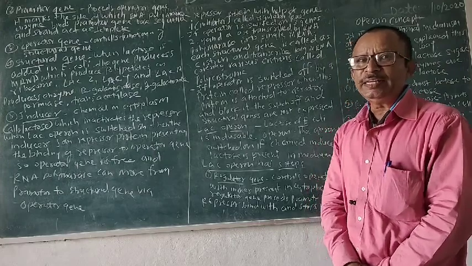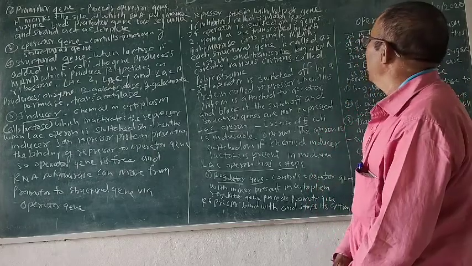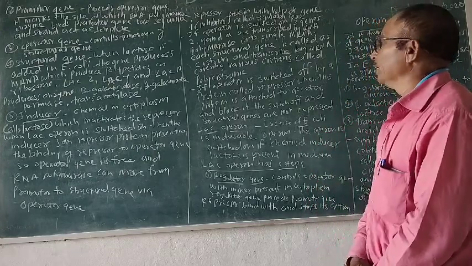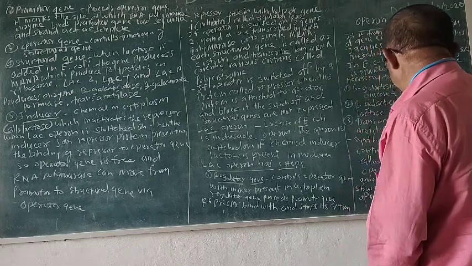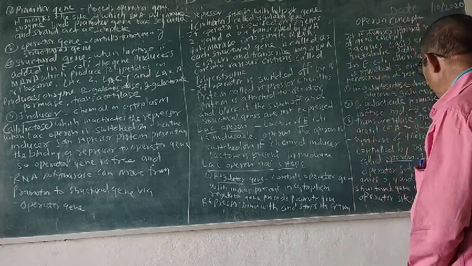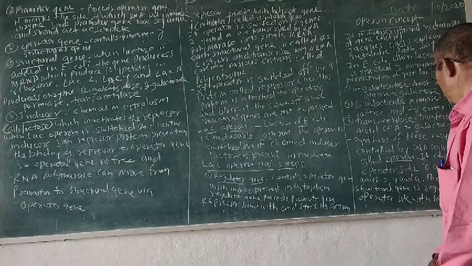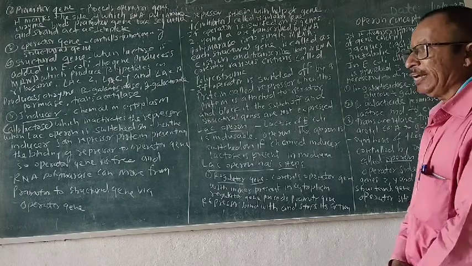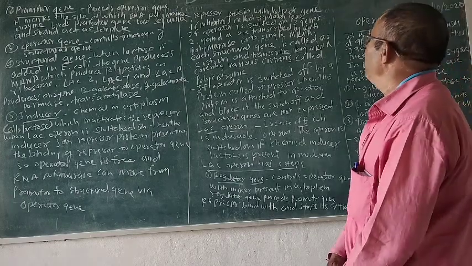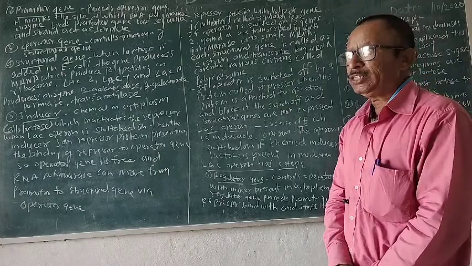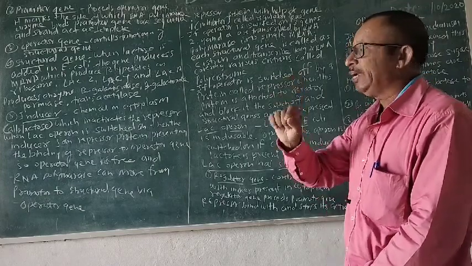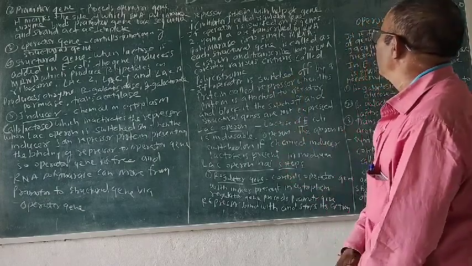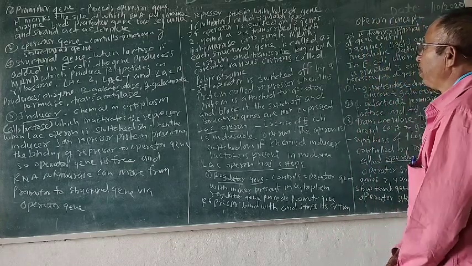Small i, that is inhibitor, and it is called the regulator. What is the regulator gene? It is the small i gene, the inhibitor, which regulates the action of the structural genes through the operator site and repressor protein.